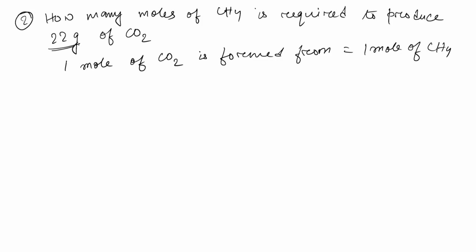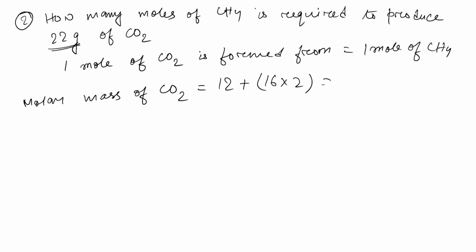So, how many moles is 22 grams? So, molar mass of CO2 is equal to 12 plus 16 into 2. This is equal to 44 grams. Okay. So, 44 grams of CO2 is equal to 1 mole of CO2.